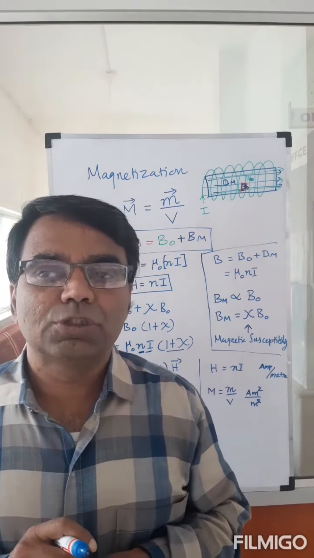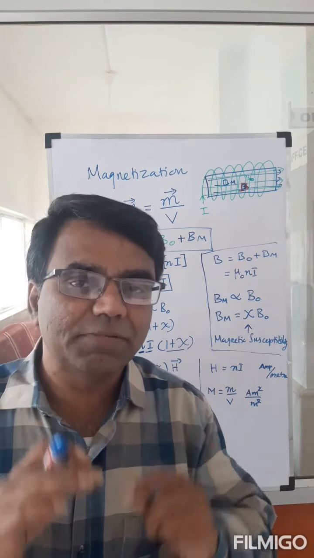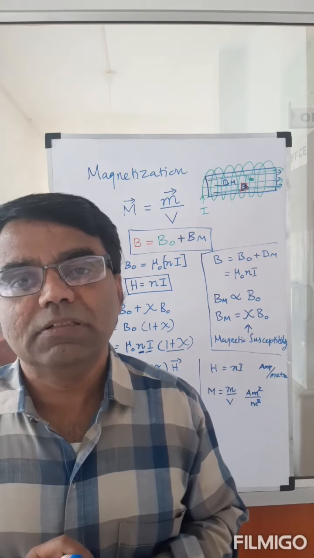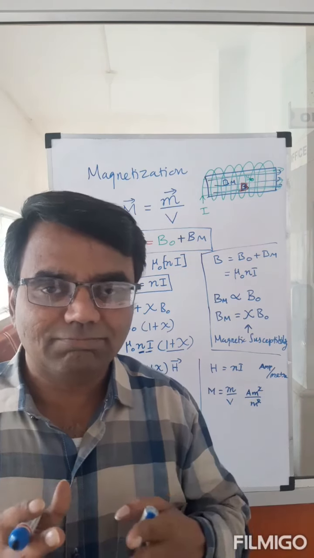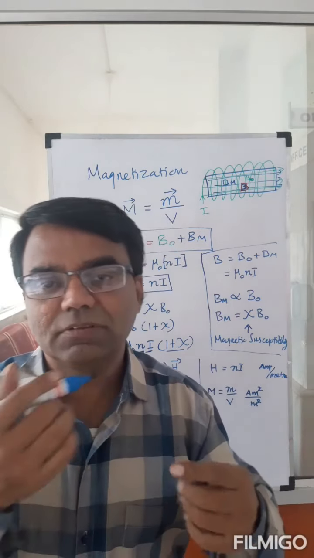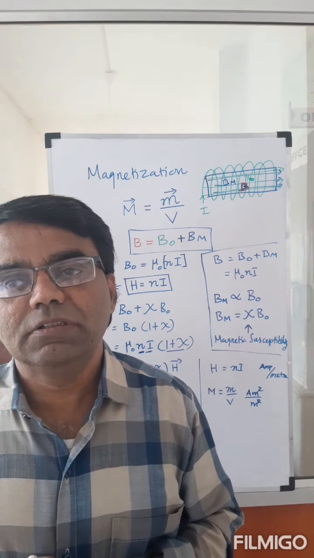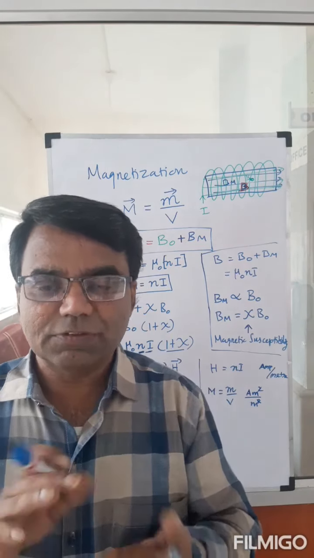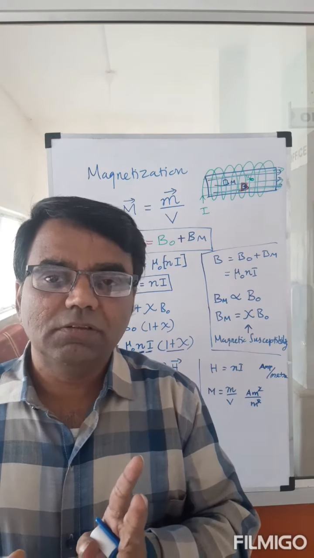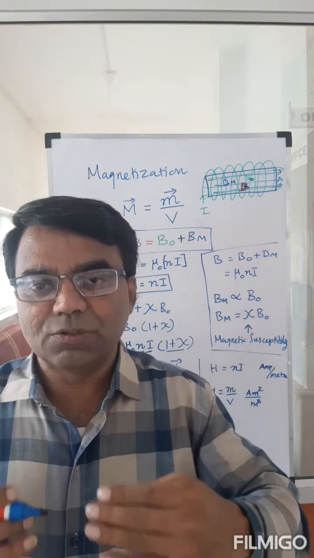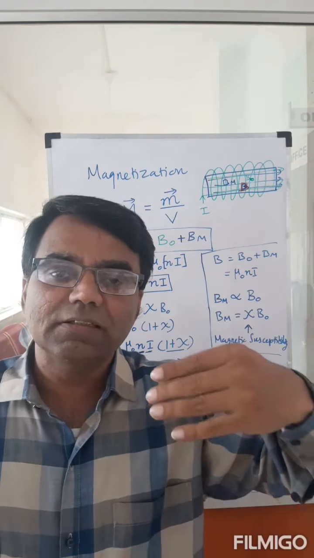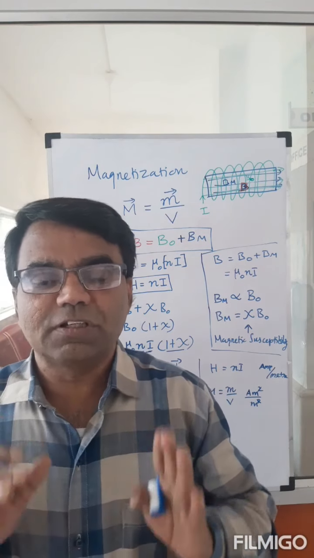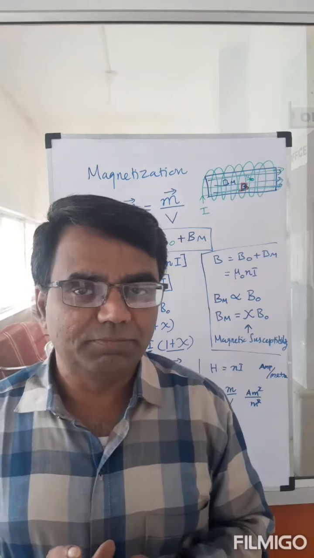Very similar to what happened when you had a dielectric material in the case of electrostatics. In electrostatics, you had two charges producing a field, epsilon naught, and then you brought a dielectric material and that was opposing this field, and the net field was less than the electric field produced by the charges. We are using the same idea here.